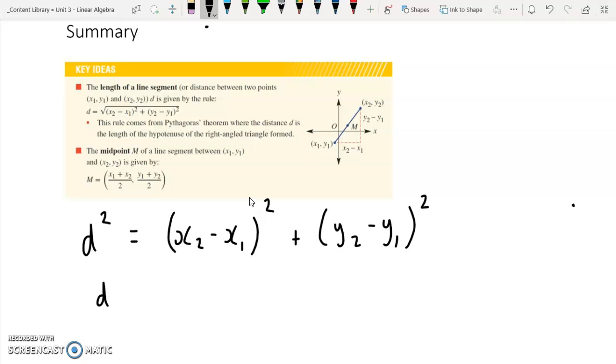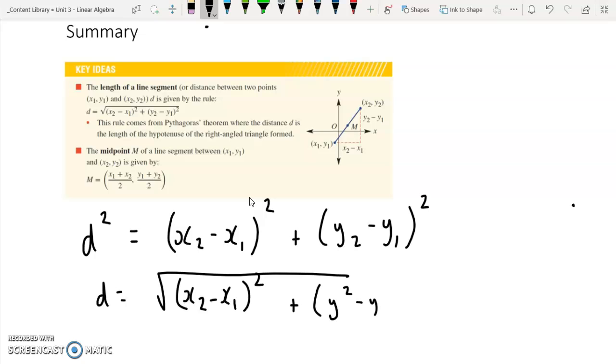Therefore, the distance is equal to the square root of (x2 minus x1) all squared plus (y2 minus y1) all squared. And the midpoint, as pointed out before, is there.